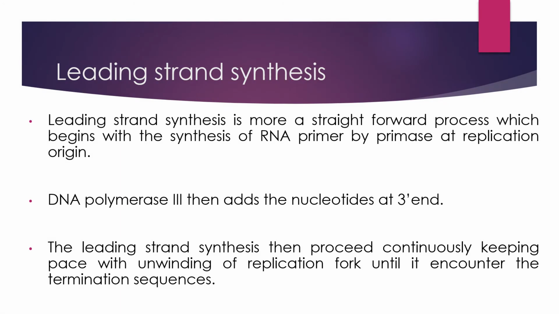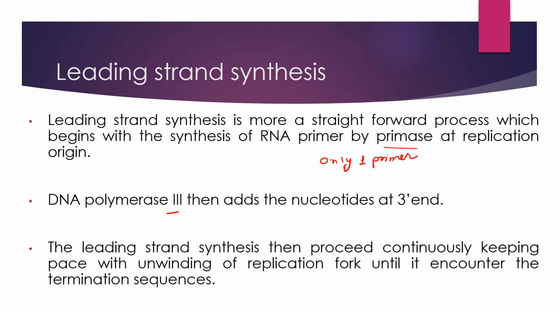Now coming to the next step, which is elongation. There are two strands, leading strand and lagging strand. Leading strand synthesis is straightforward. It is a simple process which begins with the synthesis of RNA primer by primase at the replication origin itself. So only one RNA primer is required for the leading strand.